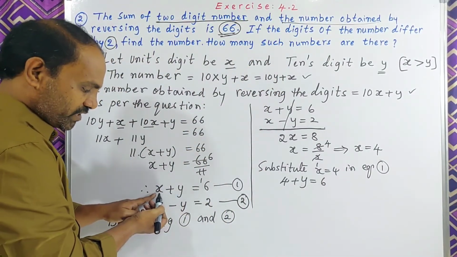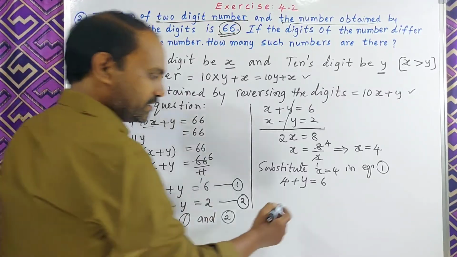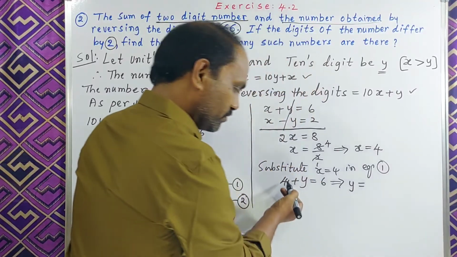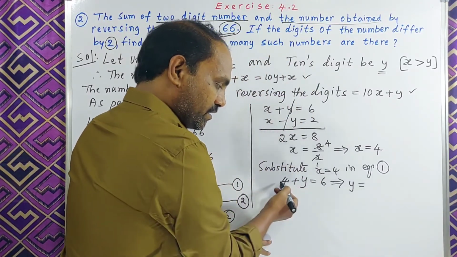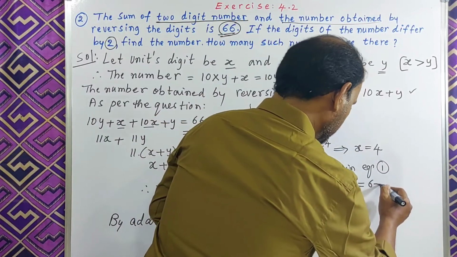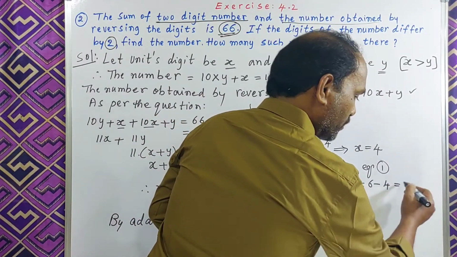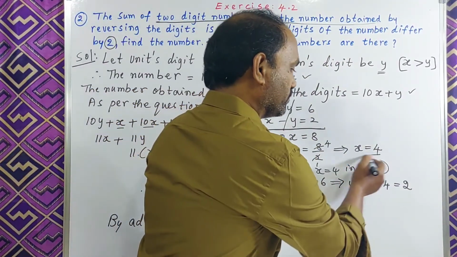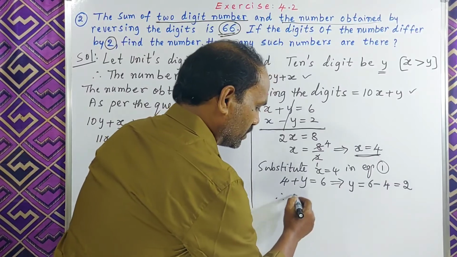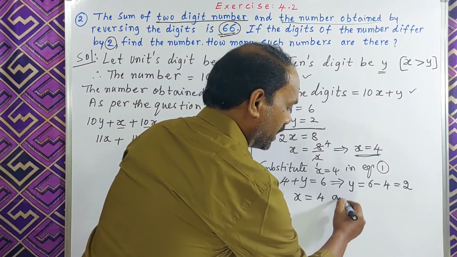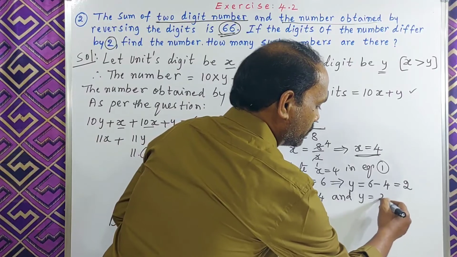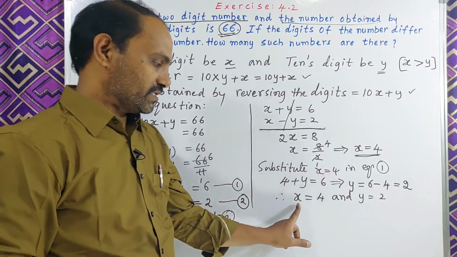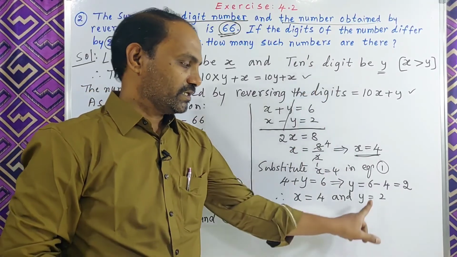Then from this, y is equal to 6 minus 4, because when you send 4 to the other side, plus becomes minus. 6 minus 4 is 2. Therefore, the x value is 4 and the y value is 2. It means the units digit is 4 and the tens digit is 2.